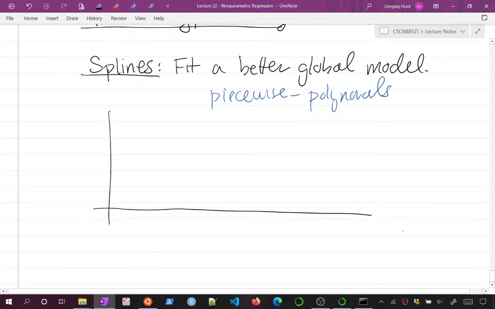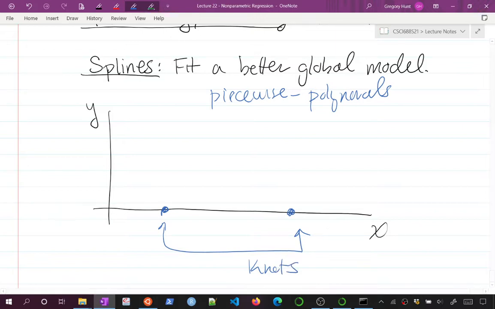So here's x and here's y. It defines some points, some breakpoints, and these breakpoints are called knots. And it's going to fit some polynomial between the knots. So maybe these are my data points, something like that.